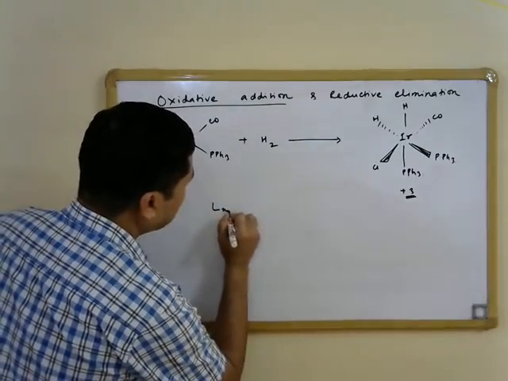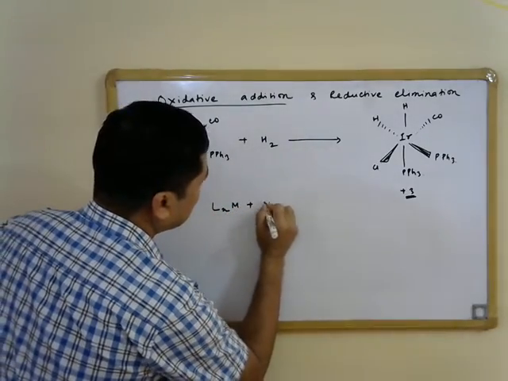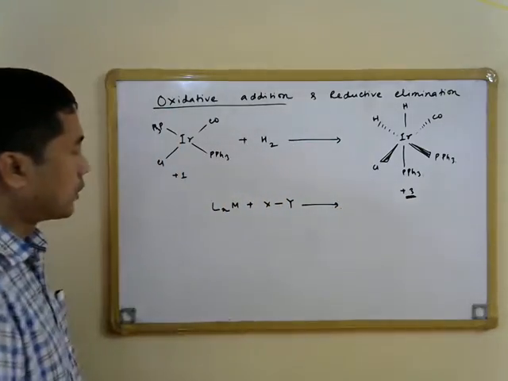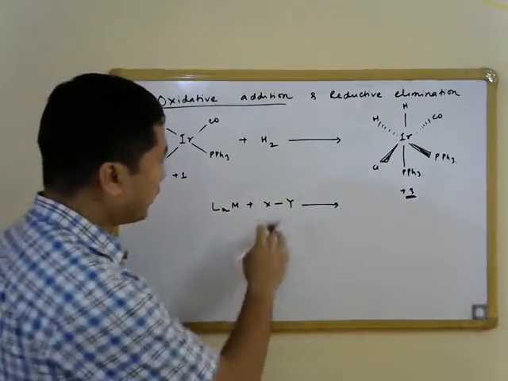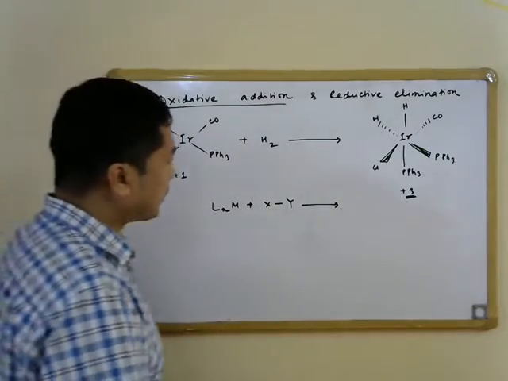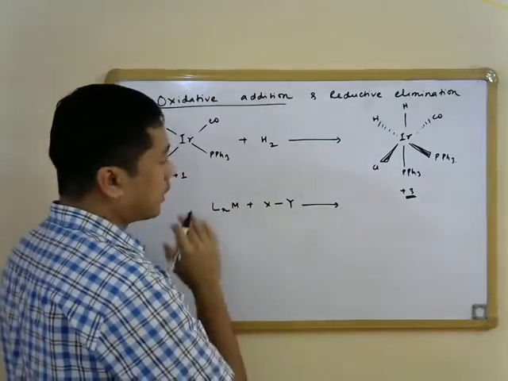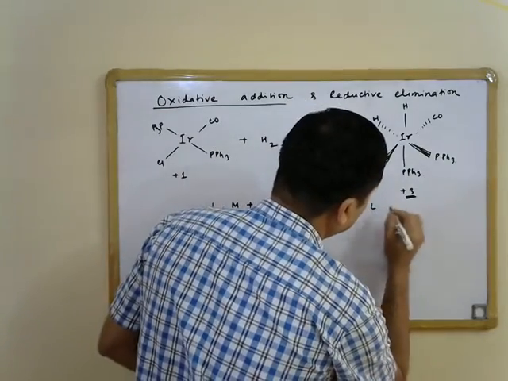This kind of reaction we call an oxidative addition reaction, and we can write it in a generic way as well. That is, an LnM complex undergoes an oxidative addition reaction with a molecule XY, and the XY bond is going to get disrupted during the reaction, and both X and Y are going to coordinate to the metal center in the resulting product.